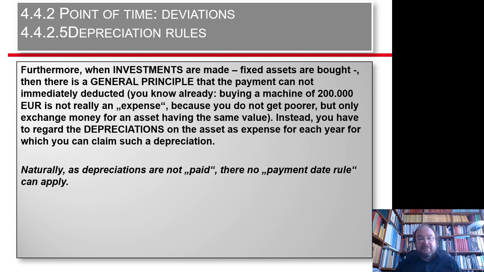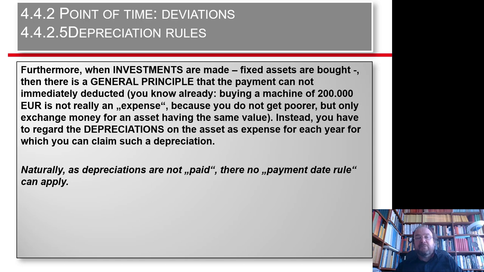On the other hand, you have to depreciate the asset over time of its useful life. So here we have the special rule which derogates from the general rule, and so says whenever somebody in which type of income at all buys an asset, a fixed asset, that will have to be depreciated over the time of its useful life.